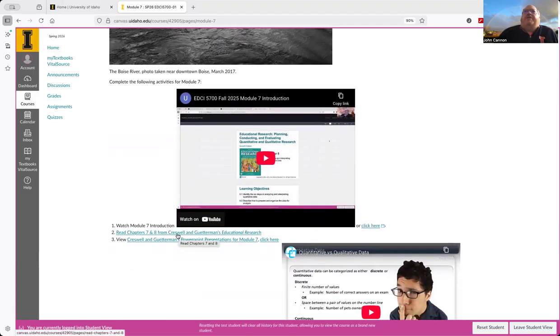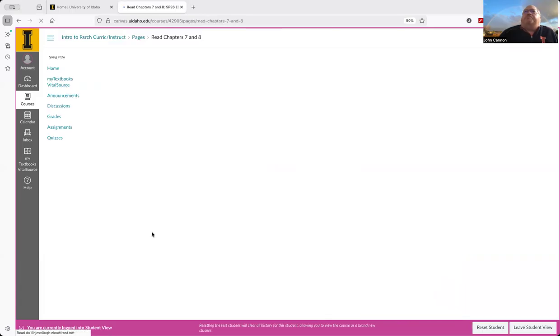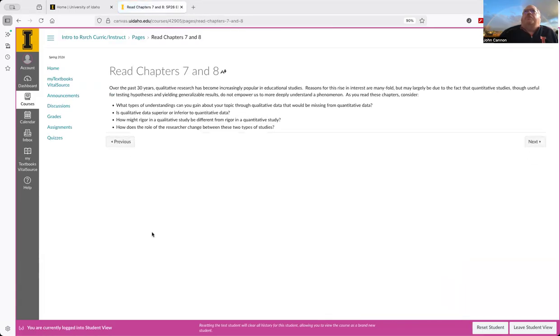The reading assignment is chapter 7 and 8 from the Creswell and Guterman textbook. And over the past 30 years, qualitative research has become increasingly popular in educational studies.